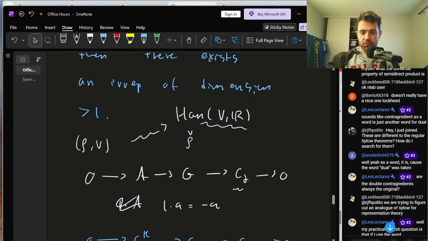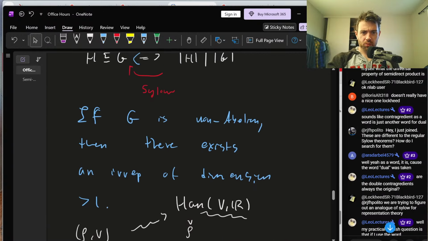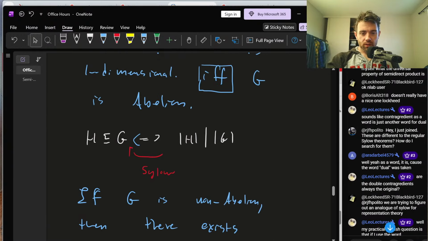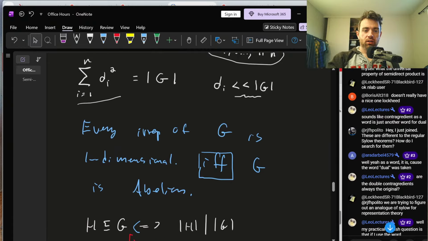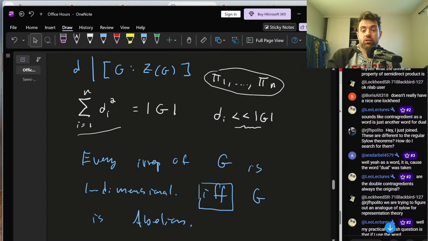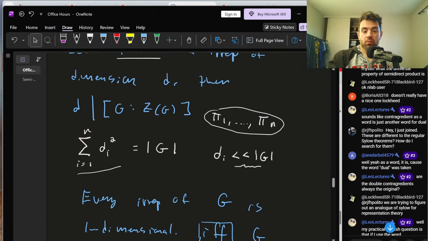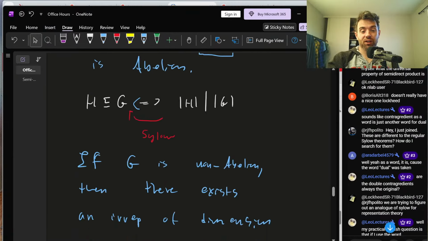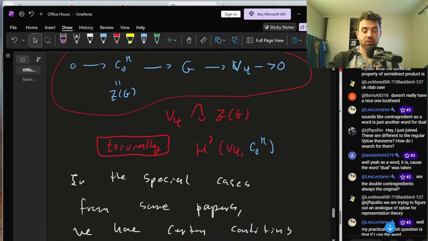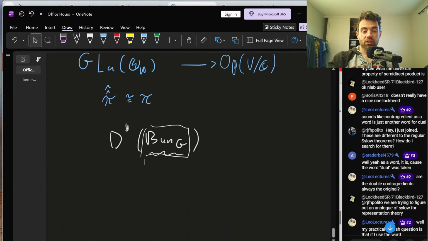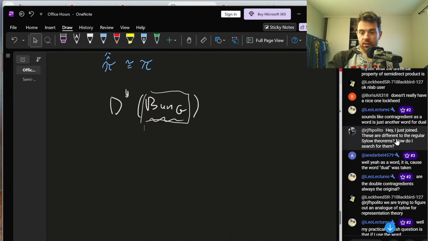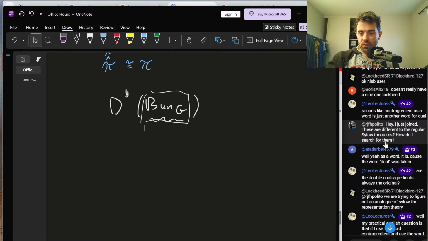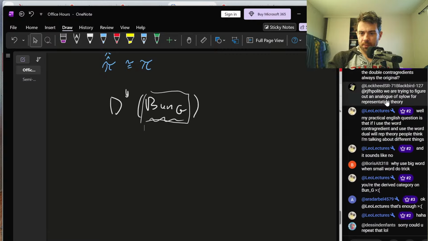We're off on a tangent right now, but what I was explaining earlier in the stream, don't worry, the recording will be available, is what the analog of Sylow's theorems should be in representation theory. We're coming up with it right now, and I've listed some theorems that can be thought of as analogs. So we're working towards it.